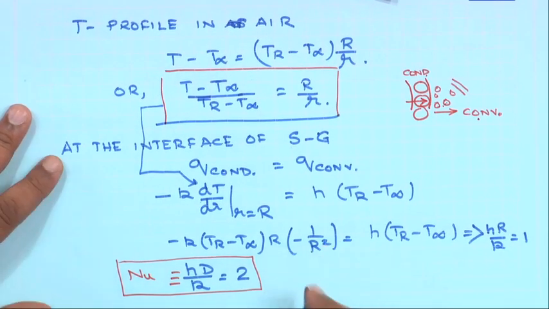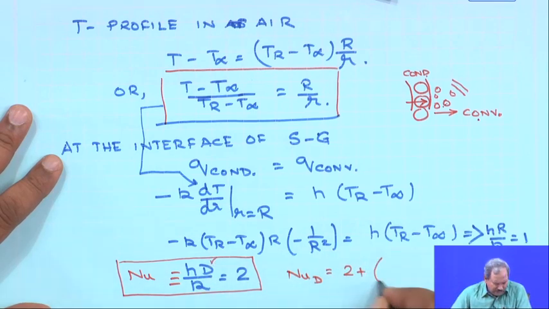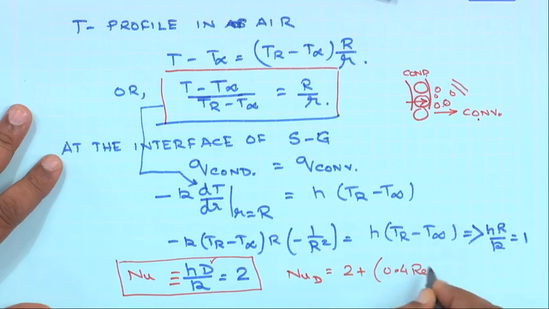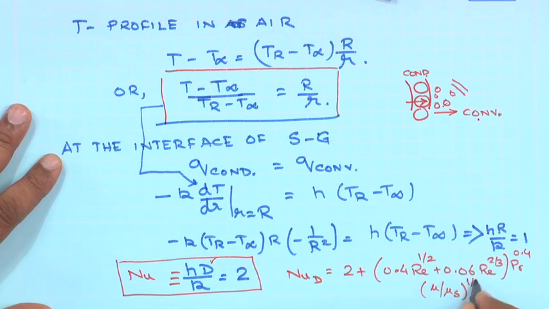So, the expression of Nusselt number, which was obtained in a semi-analytical fashion and using certain correlations, is Nusselt number based on diameter. The length scale is taken as the diameter of the sphere: Nu equals 2 plus 0.4 Reynolds number to the power half plus 0.06 Reynolds number to the power 2 by 3 times Prandtl number to the power 0.4, and then you also have a viscosity ratio to the power 1 by 4.